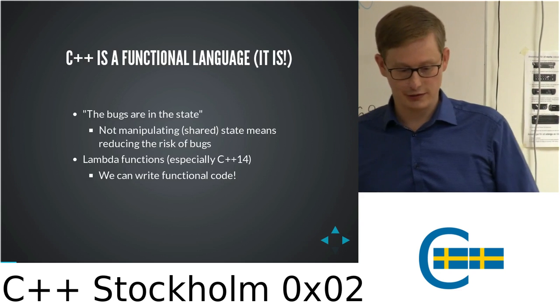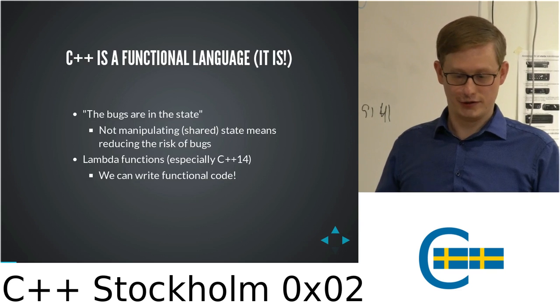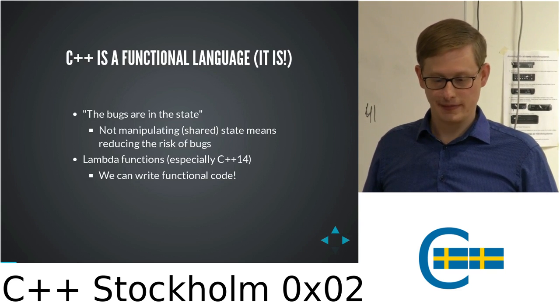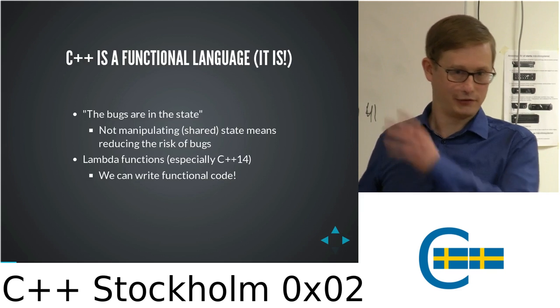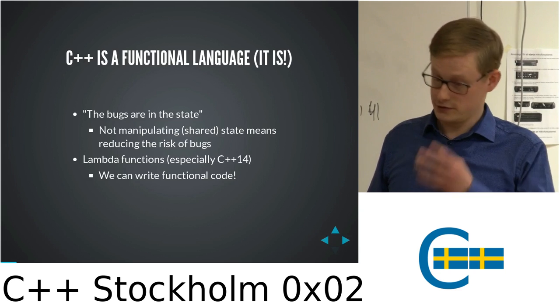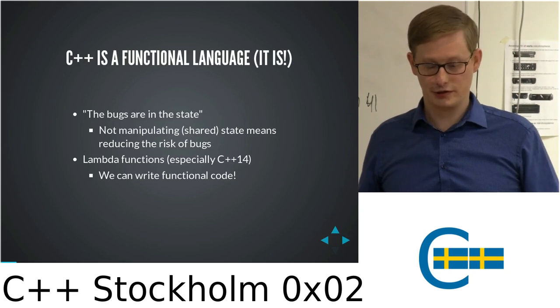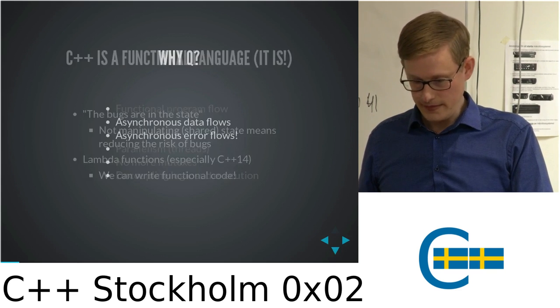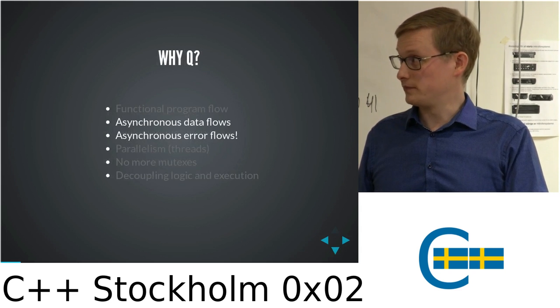When you modify state, when you manipulate variables, that's often where bugs happen. It's not so often that you have less than or greater than or some other algorithmic stuff wrong. And of course, if you don't manipulate shared state between threads, then of course you reduce the risk of bugs even more. So I will focus on this for quite some time.